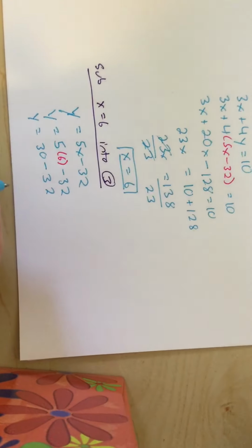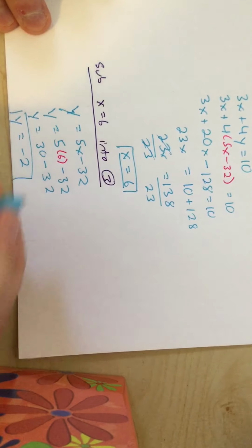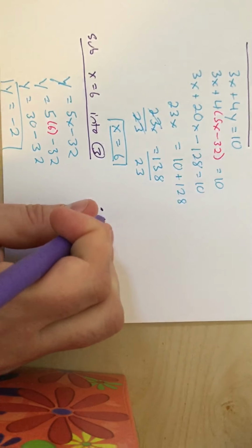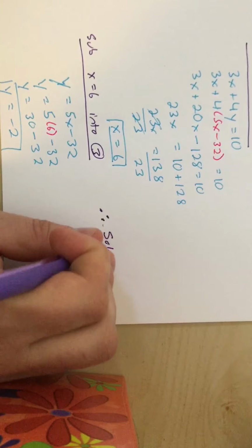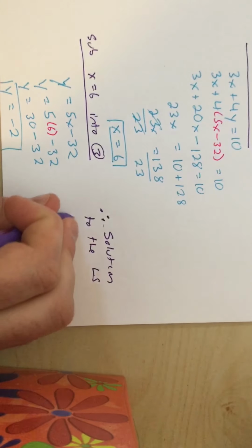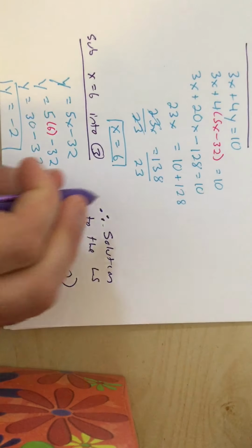Oops, I lost you guys. And y equals negative 2. So therefore, the solution to the linear system is 6 and negative 2.